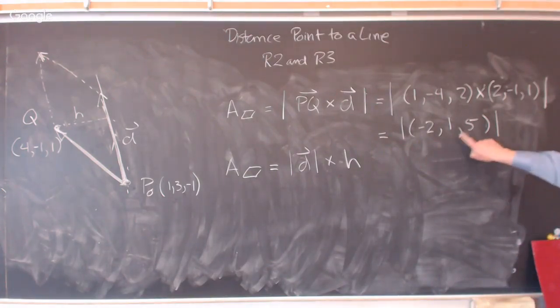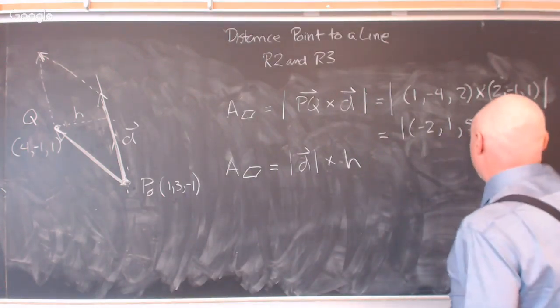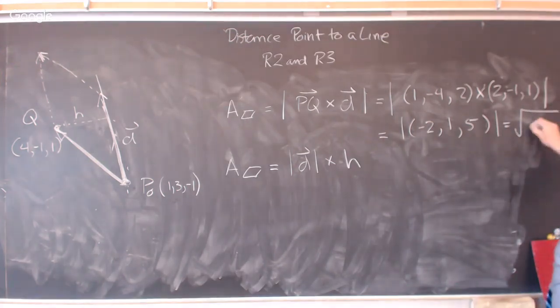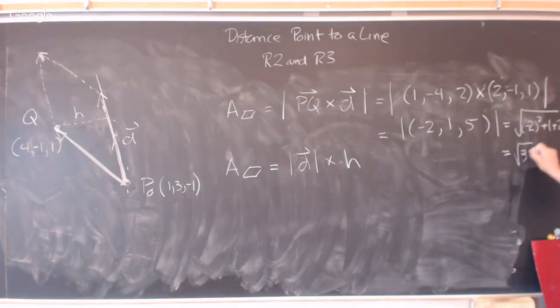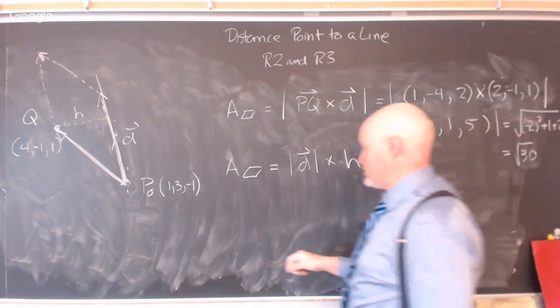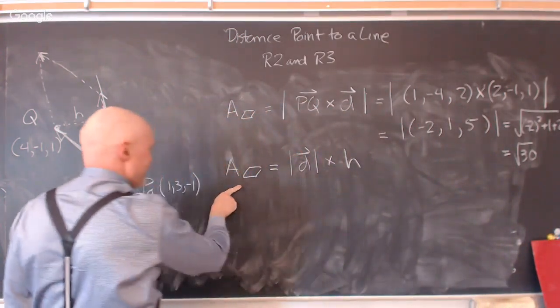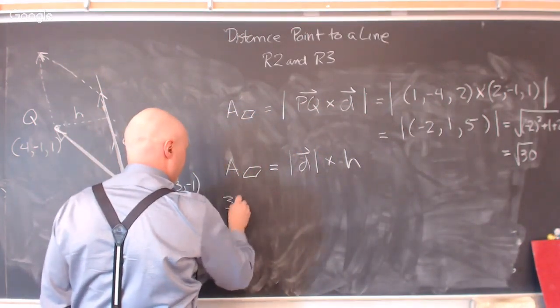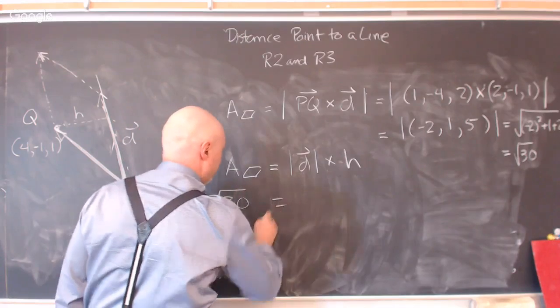And then the magnitude here is equal to the square root of -2 squared plus 1 plus 25. This is 30, so this is the square root of 30. The magnitude of the cross product is the square root of 30. That is the area of my parallelogram.